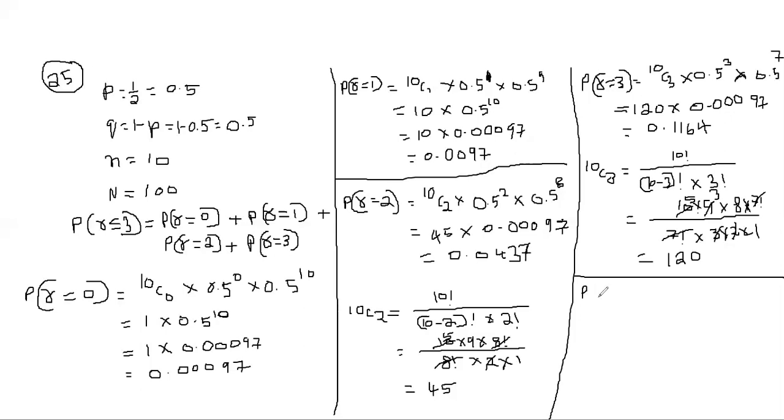So P of R less than or equal to 3 is equal to 0.00097 plus 0.0097 plus 0.0437 plus 0.1164.